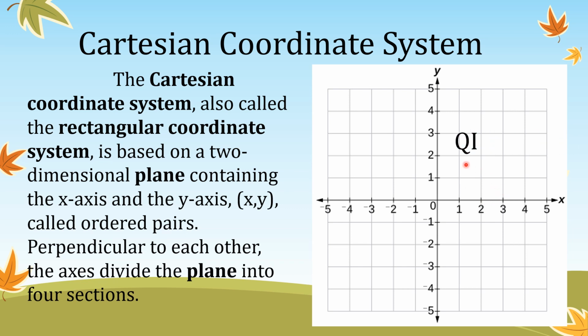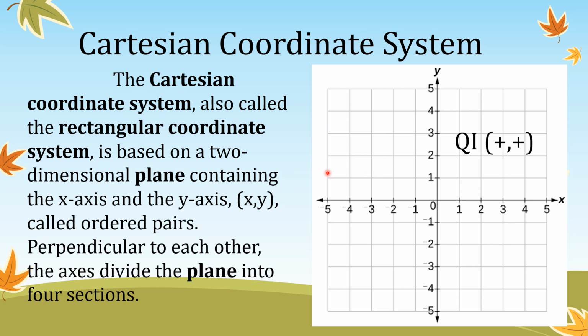We call it the first quadrant or quadrant 1. All of the points placed in this region have positive signs for the coordinates. The x-coordinate is positive, and the y-coordinate is positive.